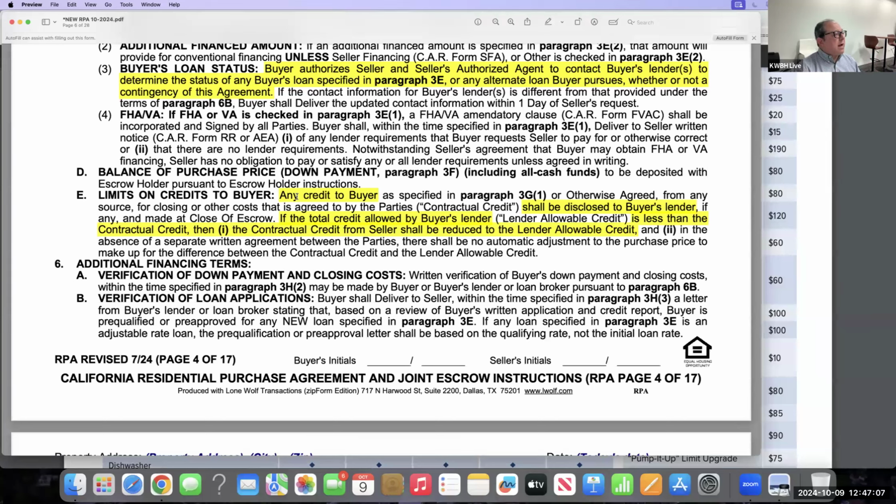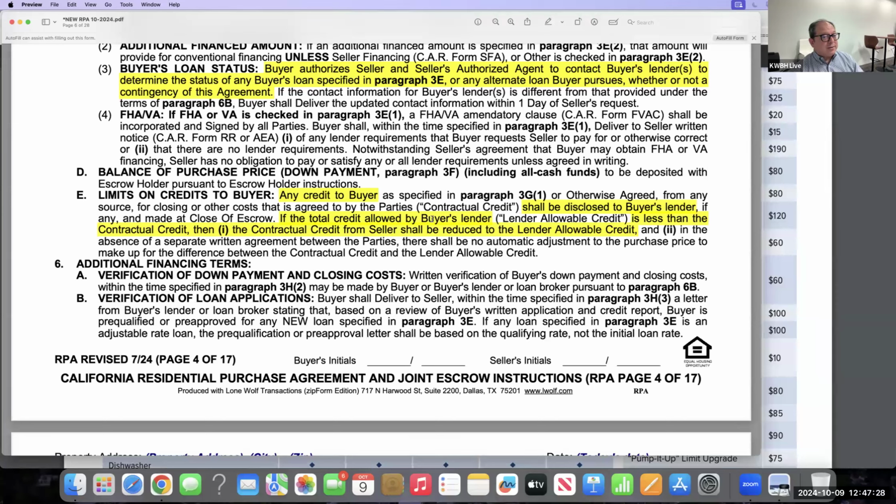That is different than a contractual credit. A contractual credit could be anything. You can ask for 100,000 and it's agreed to, that's a contractual credit. So what this paragraph says is any credit to buyer shall be disclosed to the buyer's lender. If the total credit allowed by the lender is less than the contract credit, what's happening?